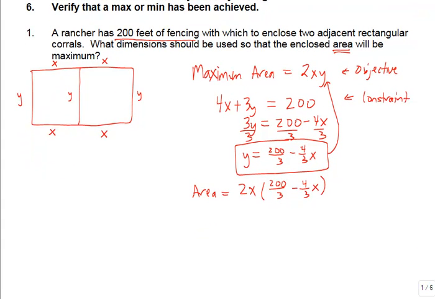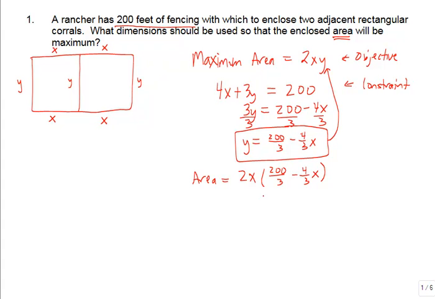And you definitely want to clean that up first, distribute, before you start taking derivatives. So our area is going to become, when I distribute, 2 times 200 is 400 thirds x, minus 2 times 4 thirds is 8 thirds, x times x is x squared. So here's our area function.